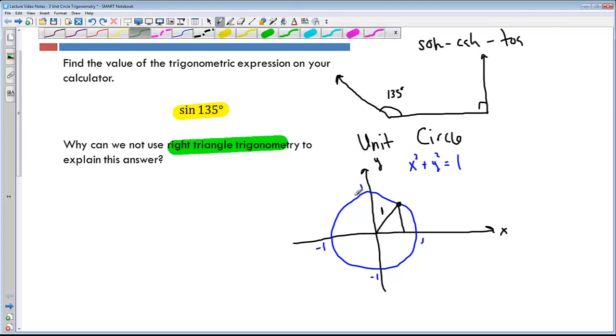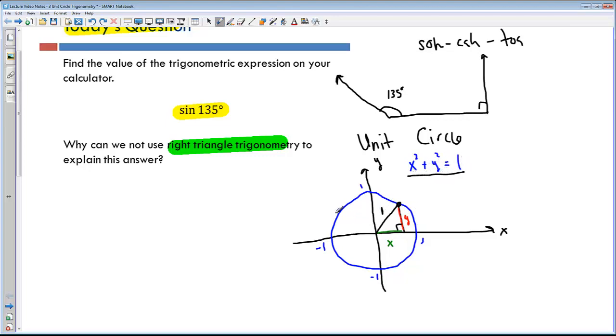You have input here, which you're going to call x, and output, which you're going to call y. That's the height y. This is a right triangle, and we know the Pythagorean Theorem: x squared plus y squared is 1 squared. A squared plus b squared equals c squared. So that's where that formula comes from.